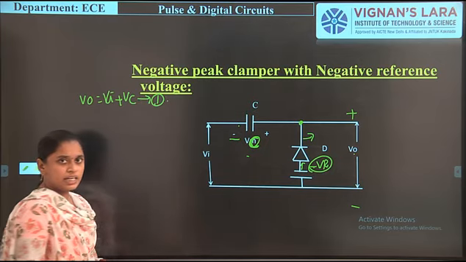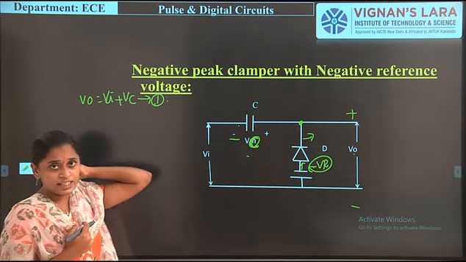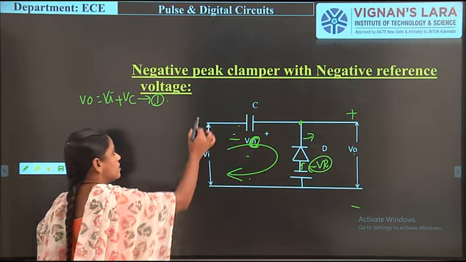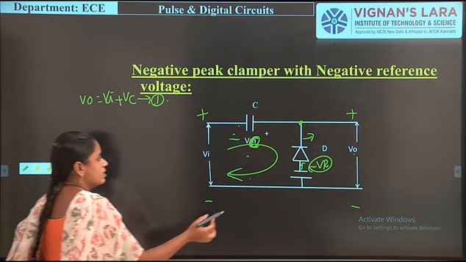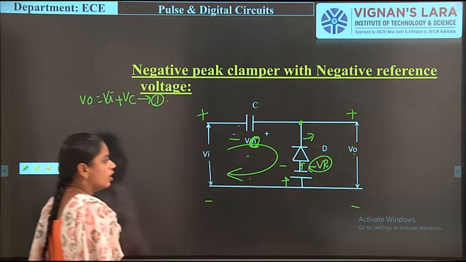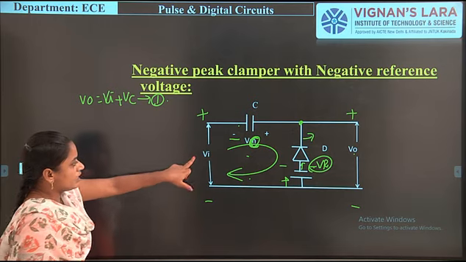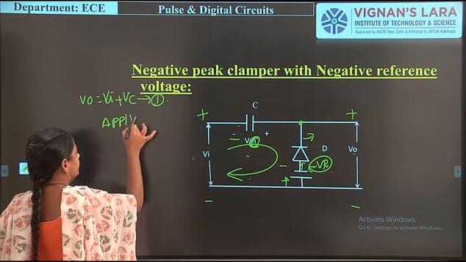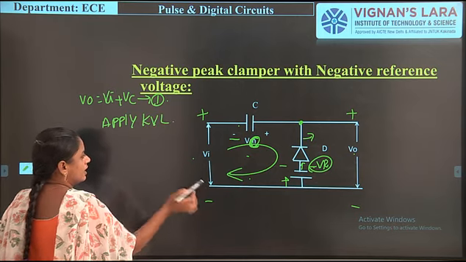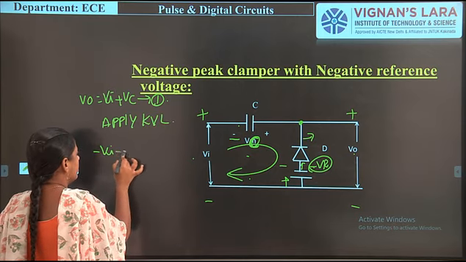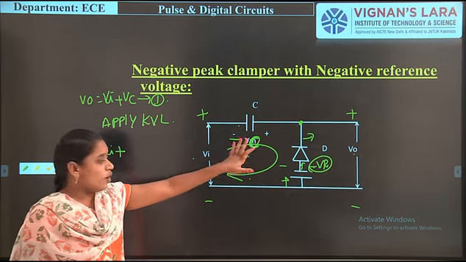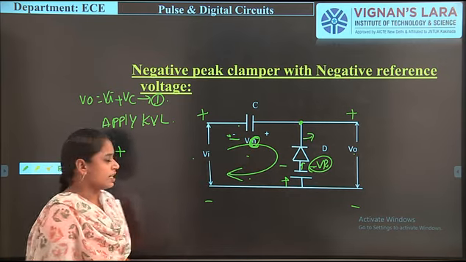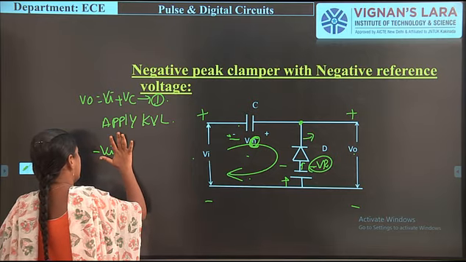Next, applying KVL at the input side, positive and negative, and this one negative and positive. It becomes minus Vi, and since this one is in the negative direction, starting with negative polarity, it is minus Vc.